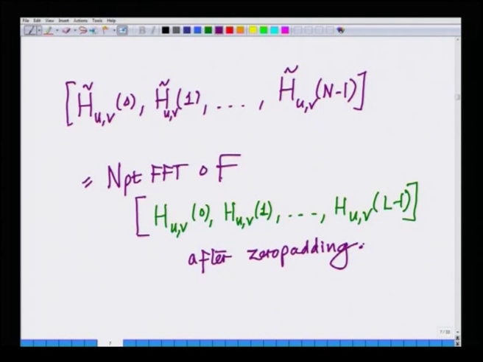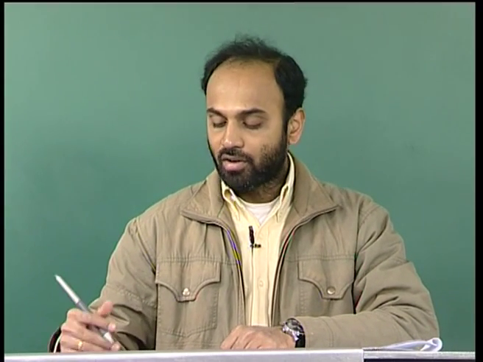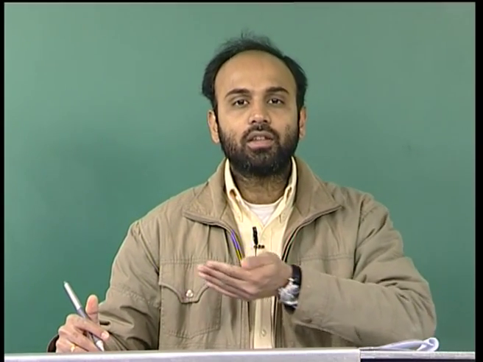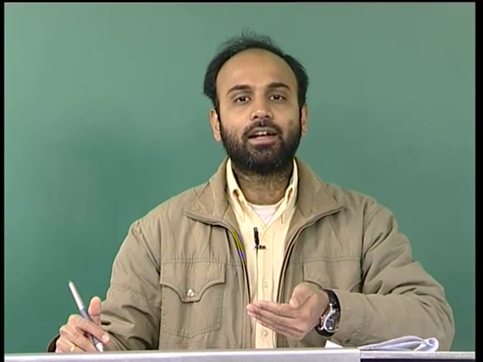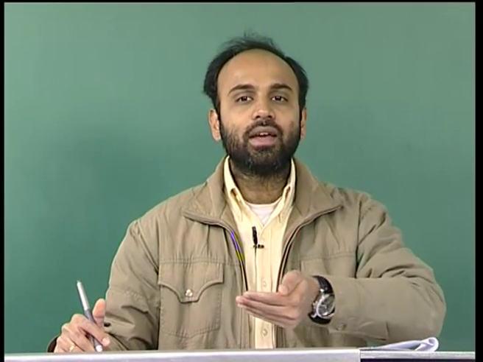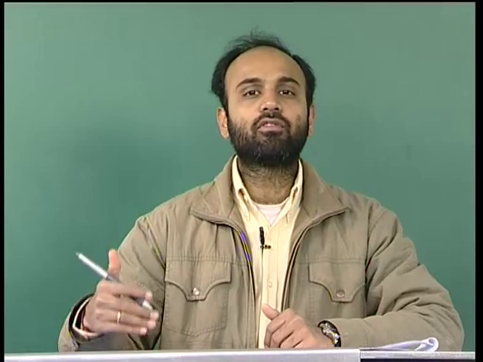Since the number of subcarriers n is much larger than L, this n point FFT has to be computed after 0 padding. So, I take the u comma vth elements of all these MIMO FIR channel taps, I compute the n point FFT, that gives me the u comma vth element of the channel matrices across all the n subcarriers, all right, and then you do that for each element of the MIMO FIR taps and construct the channel matrix across each subcarrier.